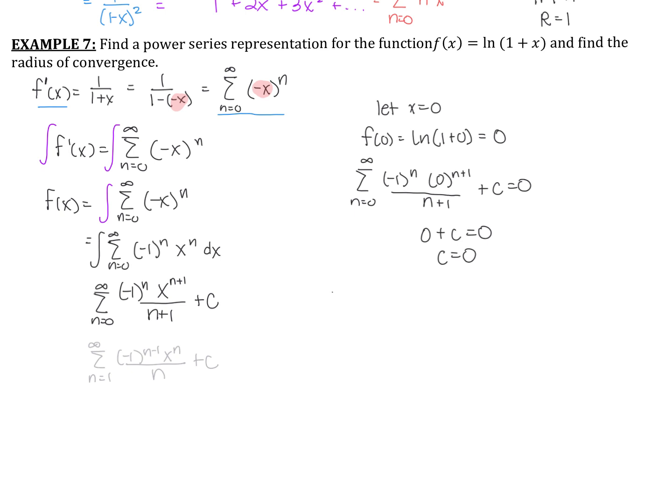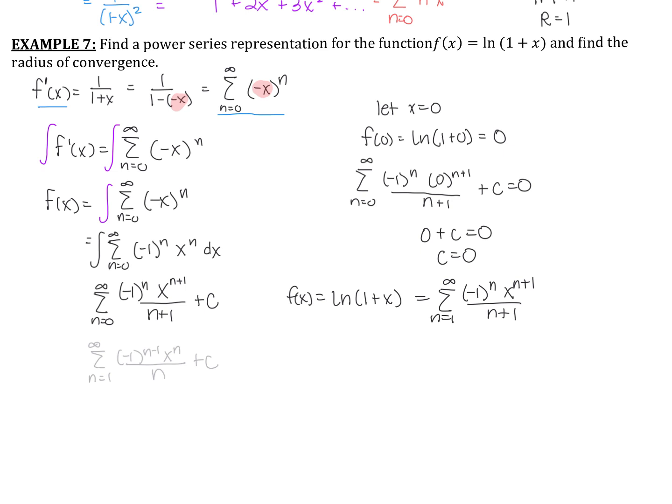And so I can say that the natural log of 1 plus x, which is my function f of x, is equal to the series from n equals 1 to infinity of negative 1 to the n, x to the n plus 1 over n plus 1. And maybe I use this other series, the one that was here in the lighter gray, and I write it here. That would say the same thing.